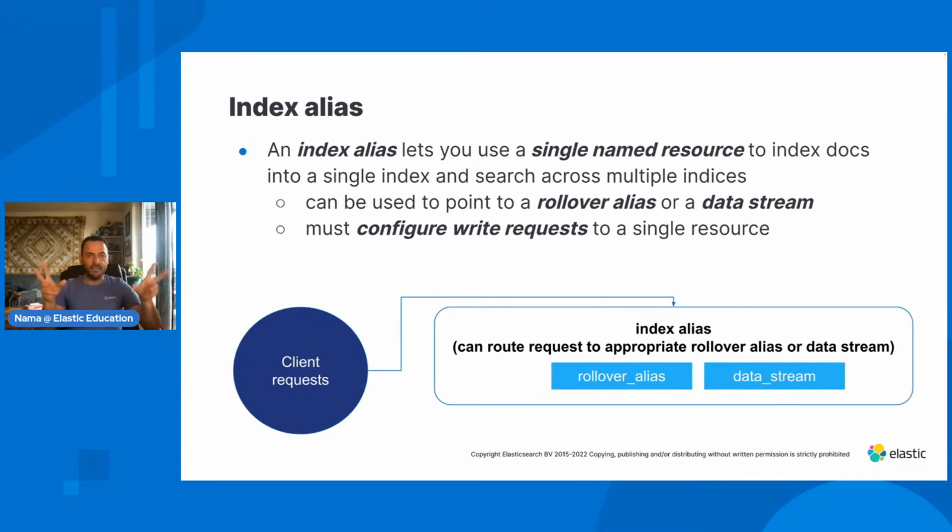So we've given essentially two different options on how to communicate with rollover indices. You have your rollover alias option, and then you have your data stream option. You kind of have to do one or the other, and in this demo I'm going to illustrate doing it for both. We're going to choose both options.